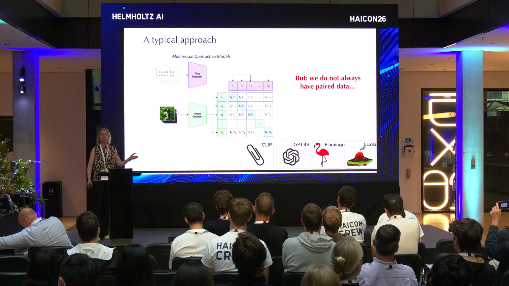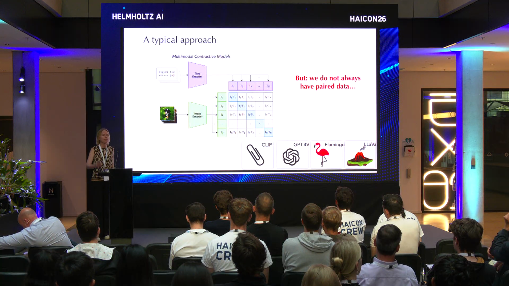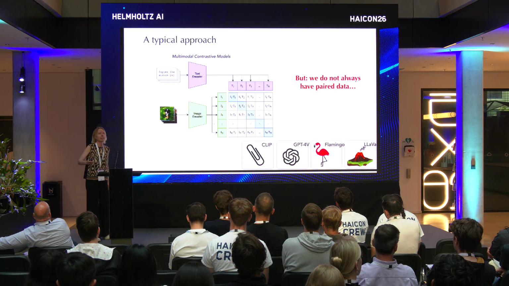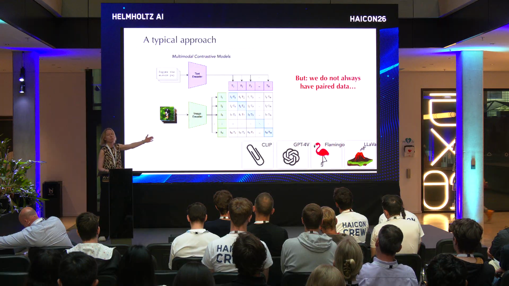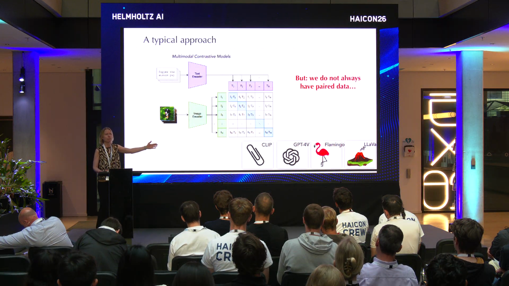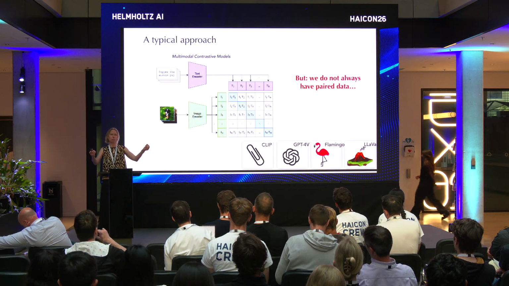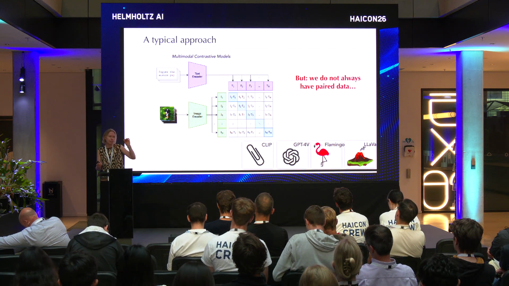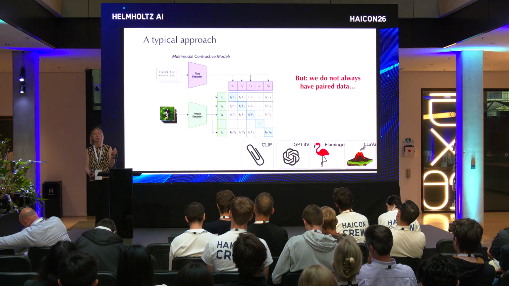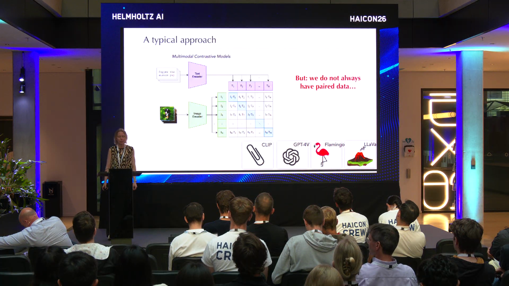But we don't know that a specific text data point corresponds to a specific image, for instance. We don't have that pair. So we can't really do this, because I don't know which one aligns to which one. I know they are somehow about the same thing, but I don't know exactly per sample which belong to the same thing. So what do we do?